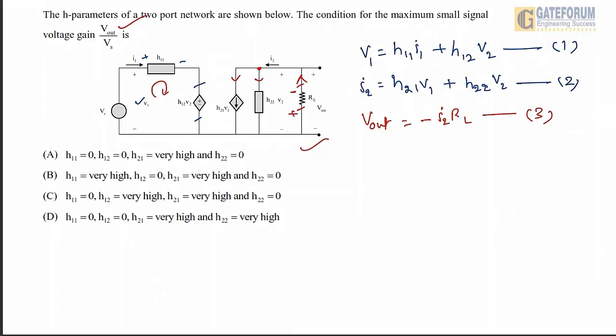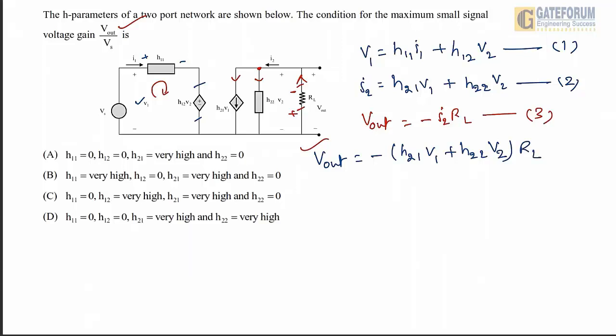Now substitute the value of I2 from equation 2 into equation 3. We will get V out is equal to minus H21 V1 plus H22 V2 into RL.